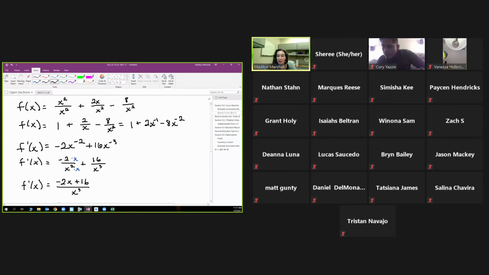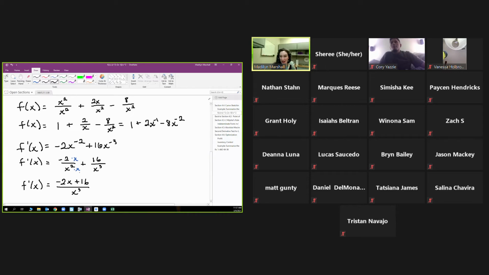So we have to be comfortable with power rules, changing positive and negative and things like that, and with adding rational functions like this, getting both of these rational functions with the same denominator, which is x cubed in this case. So now we have f prime.